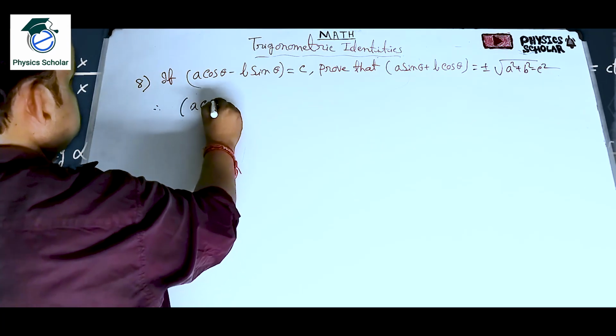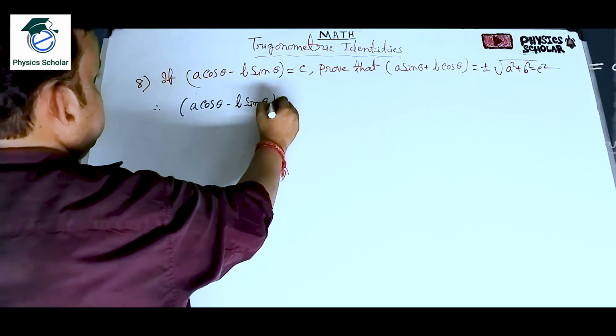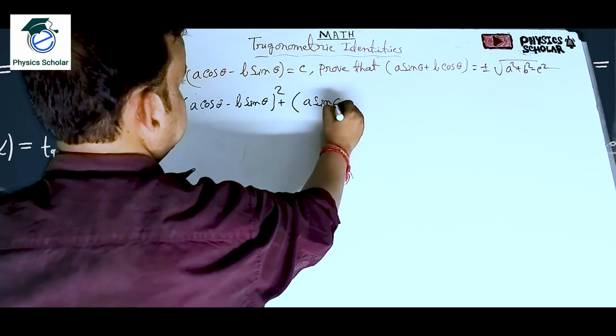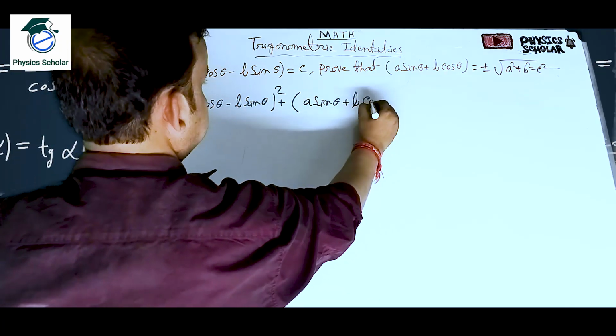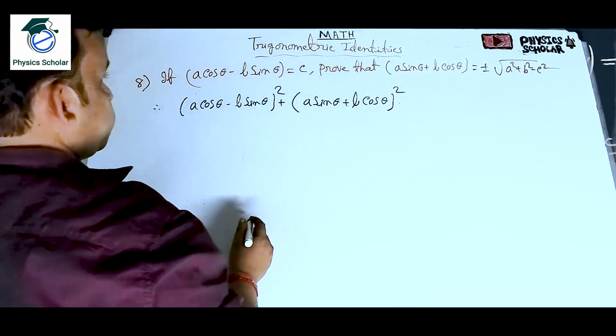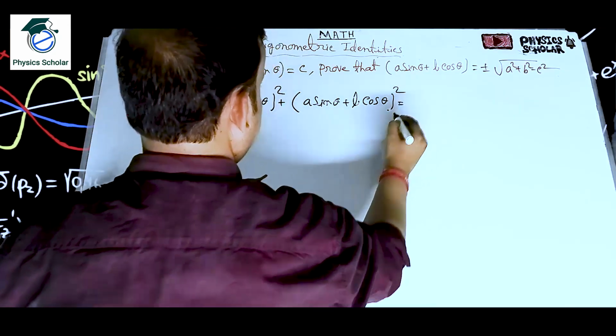Consider a cos theta minus b sin theta whole square plus a sin theta plus b cos theta whole square. Clear? Then what we can write?